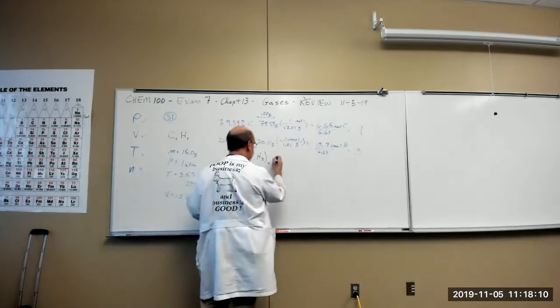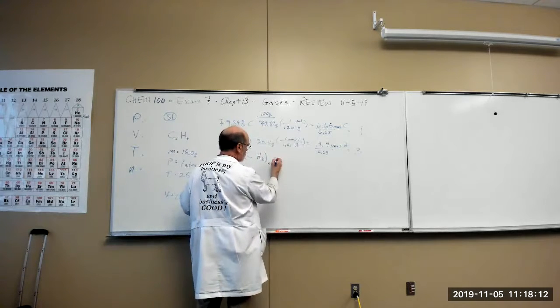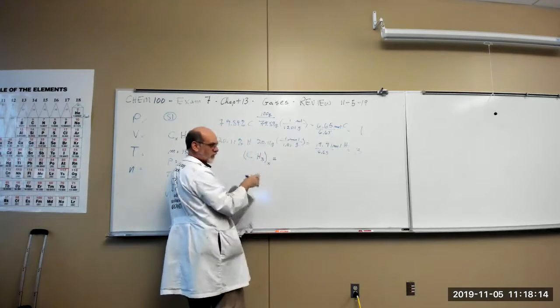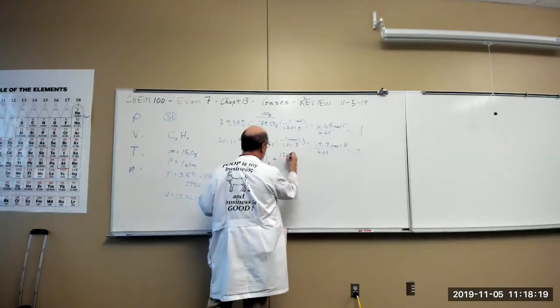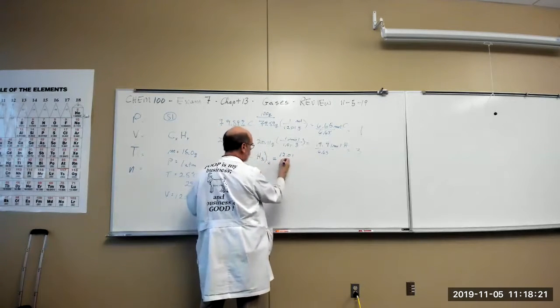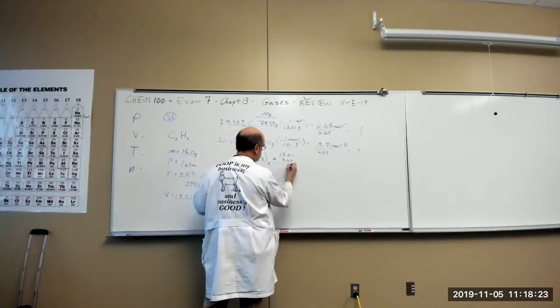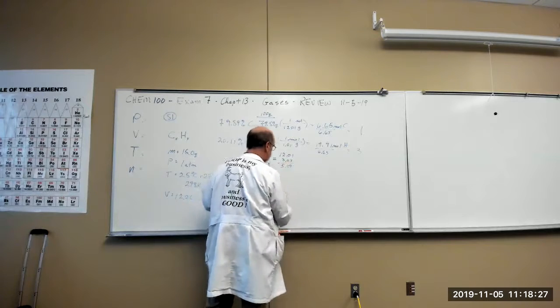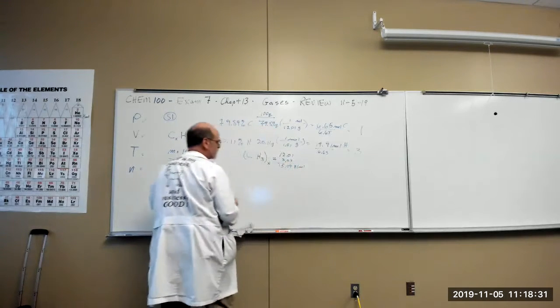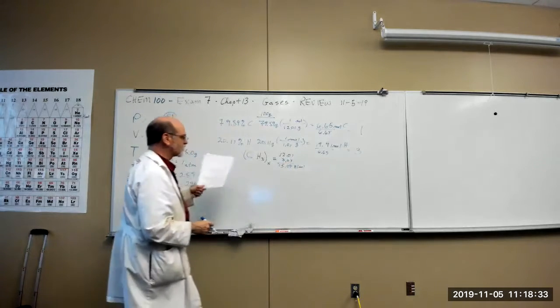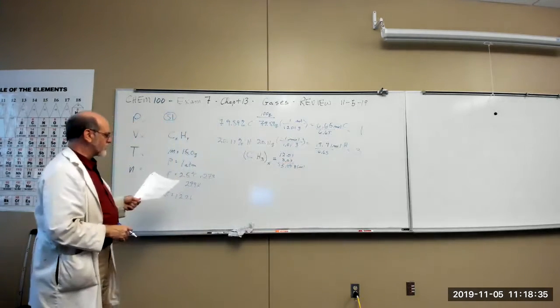Well, we have a molar mass for this one, which I call the empirical weight. So that's 12.01, and 3 times 1.01. Right there, grams per mole. Right? So what we need is the molar mass of the compound itself.